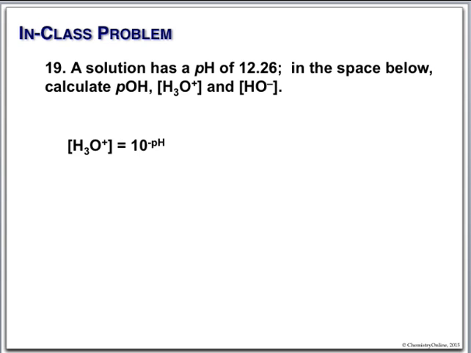Where we have minus pH, let's plug in minus 12.26. Now what you have to do is pick up your friendly calculator. You're looking for 10 to the x. You type in minus 12.26, hit 10 to the x, and you should get 5.5 times 10 to the minus 13.